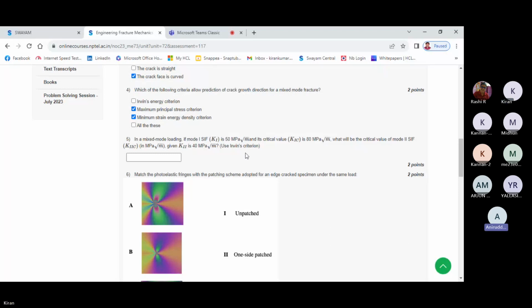So in that scenario, we will go with the ellipse equation first, and then we will check this equation. Because if we start with an ellipse, if K1C is equal to K2C, then it will become the equation for the circle. So we can do it like that.